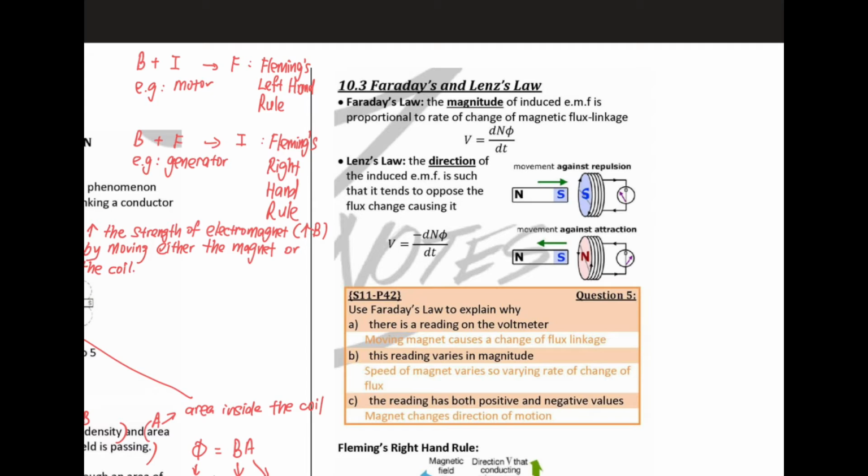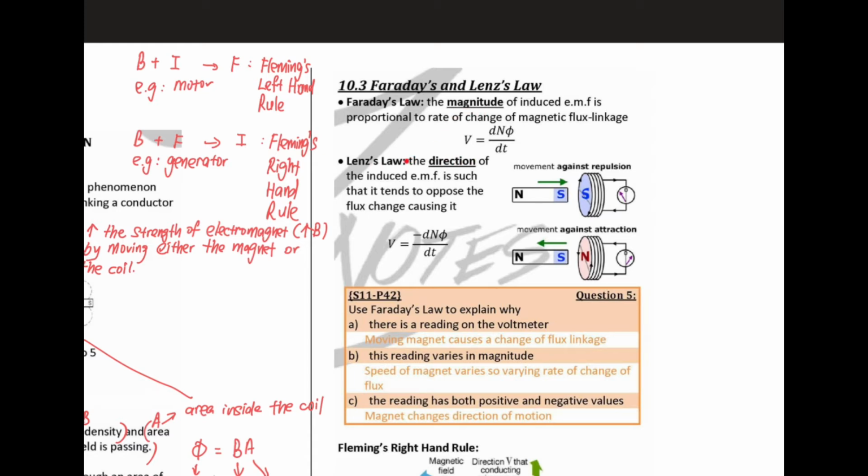Faraday's law never talks about what direction is the EMF. Faraday's law just talks about if you move your magnet faster, then the V will be of greater value. What direction? Lenz's law tells us. So this one tells you the magnitude, this one tells you the direction.